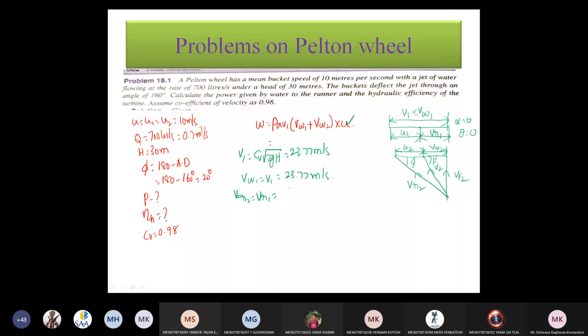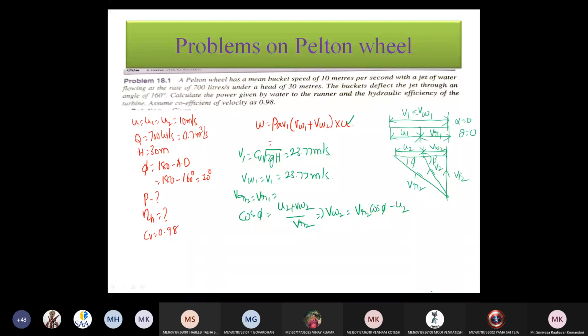So if you take cos phi, cos phi is equal to adjacent side by hypotenuse, so (U2 plus VW2) by VR2. So from this, you need to find out the value of VW2. VW2 is equal to VR2 cos phi minus U2.